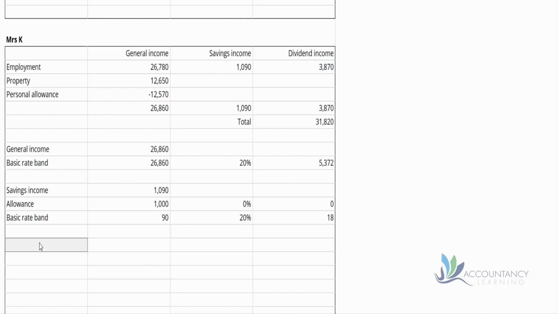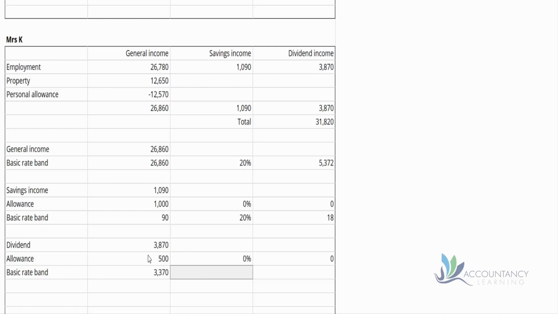And then with our dividend income, remember from our table at the top, we've got a total of 3,870 of dividend income. There is an allowance for dividend income, and that's £500. So there's no tax to pay on that. And then the rest of it still fits into the basic rate band. So we've got 370.